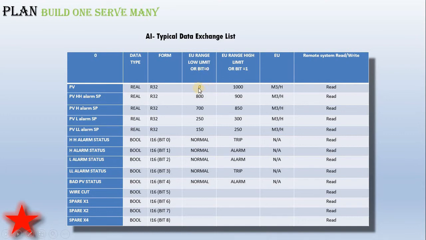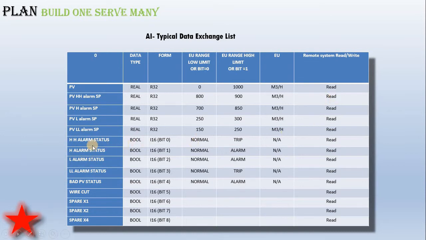What is your low limit and your high limit? Because on the DCS you will have a faceplate which shows the analog input, so you need to scale it. The set point for the alarm, the remote will read it, will not change it, but only read these values.